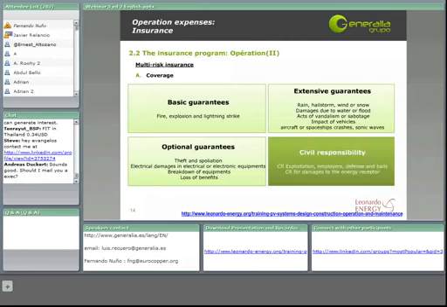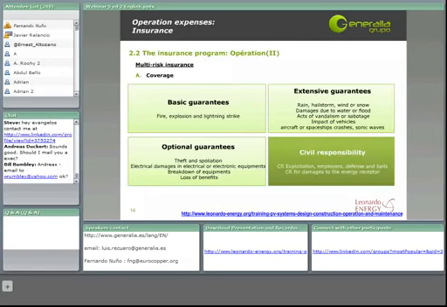Other optional guarantees in multi-risk insurance could be the guarantees for thefts and for all the elements being stolen, the guarantees for electrical damages, the guarantees for possible breakdowns in the equipment.